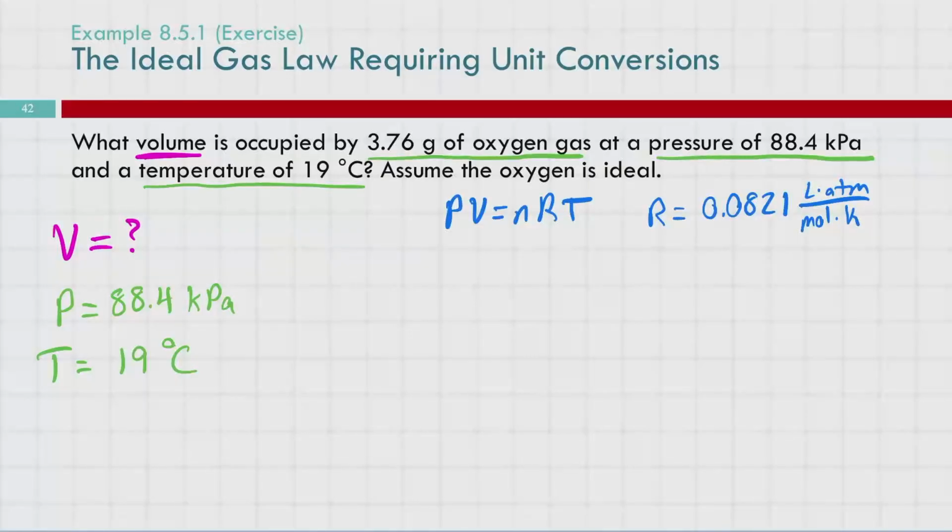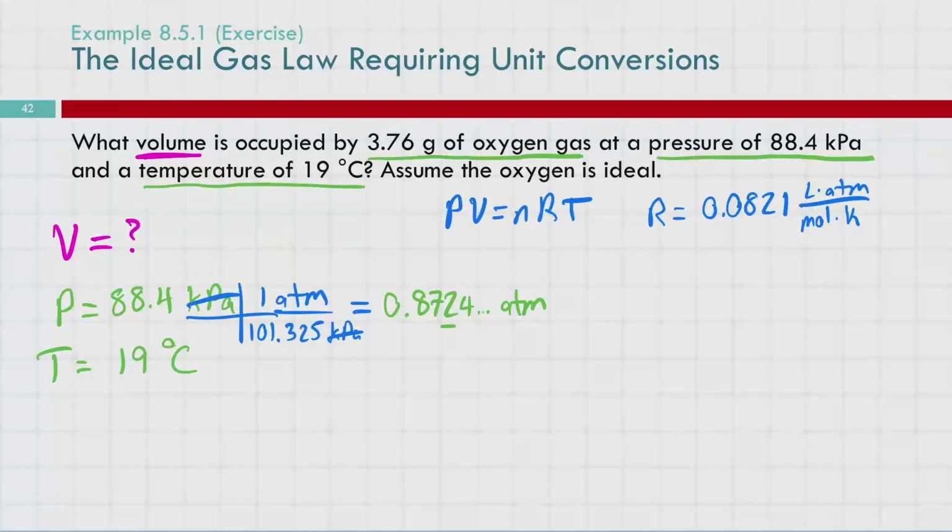So we would have to look up on our table of pressure units how many kilopascals are in an atmosphere. Turns out that for every 1 atmosphere, it's 101.325 kilopascals. So we divide by 101.325, and we get 0.8724 atmospheres.